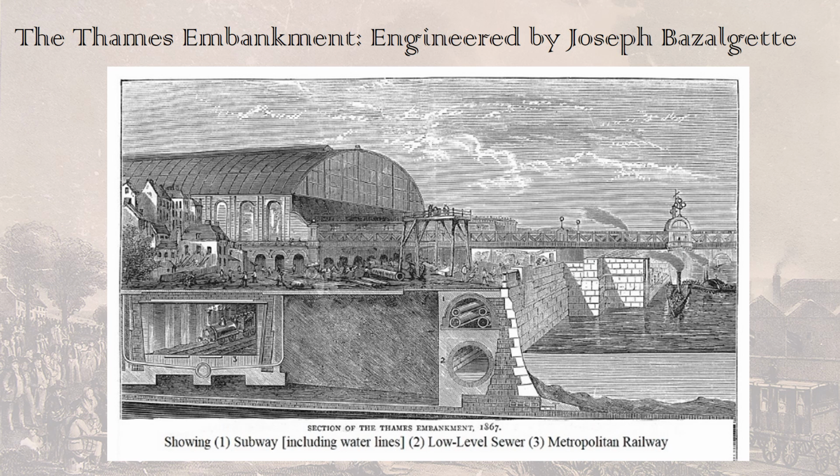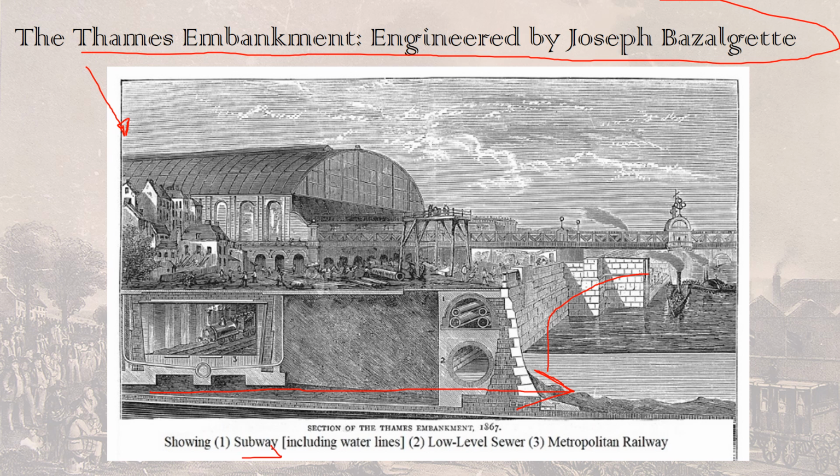And this is a cool illustration from the time period, a primary source document, of the Thames embankment that he engineered. So they're building out the banks of the river with all this massive stone edifice. You've got your subway line underground, so he's also engineering the beginning of the London subway system.